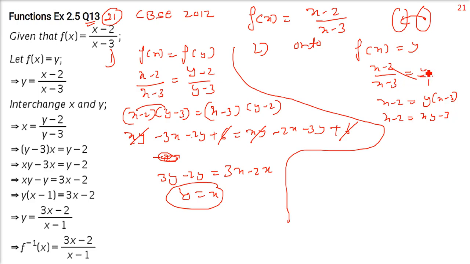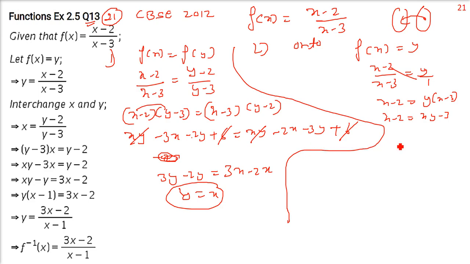Here you have to take x on one side and y on the other side, because it should be shown that for every y there is some x. Here is a mistake which I'll correct in just a few moments.